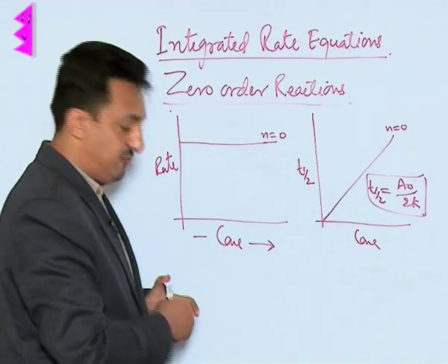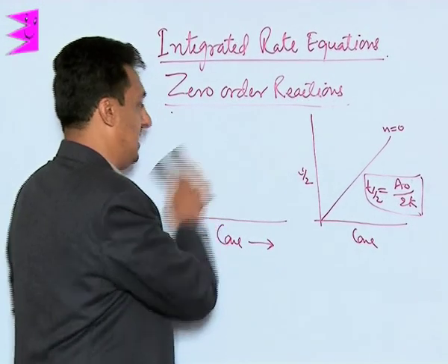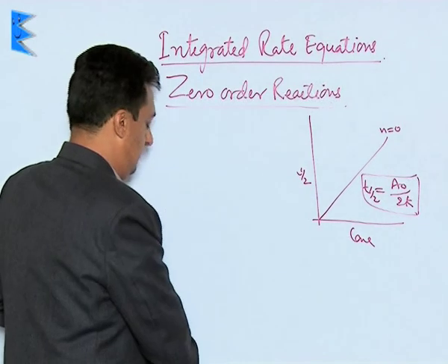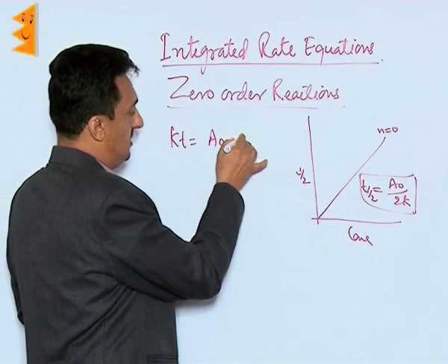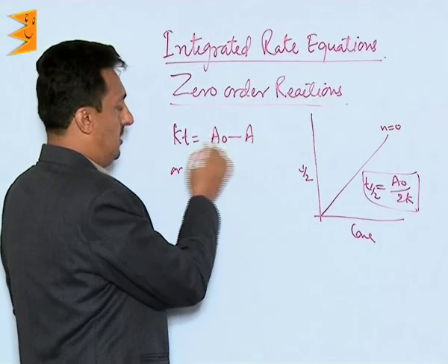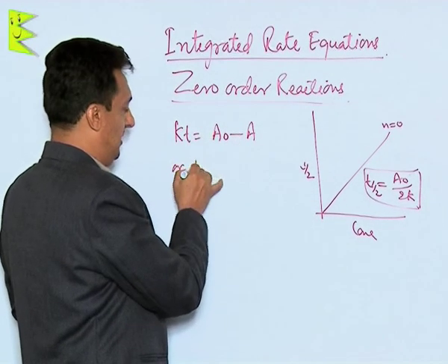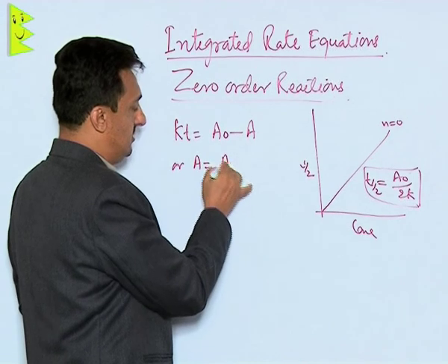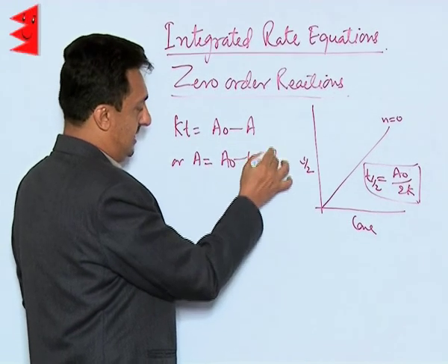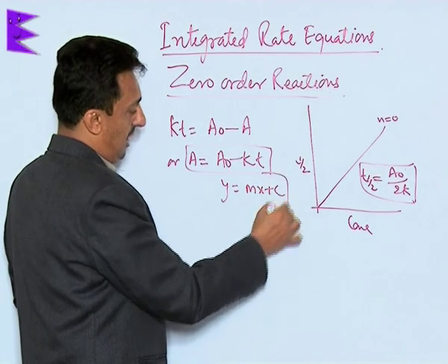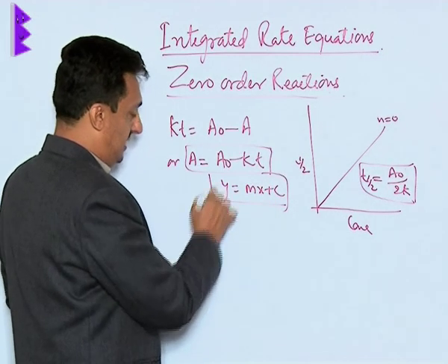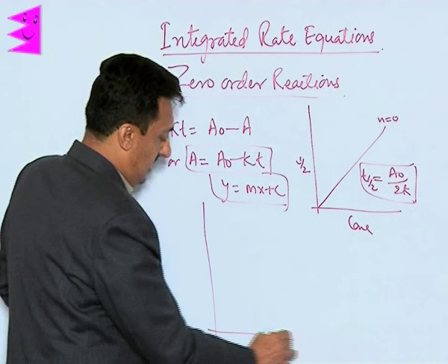Another important graph we can make out, which is actually for the zero order equation. We know that equation is Kt is equal to A naught minus A. We can do a slight change, we can bring it here. It becomes A is equal to A naught minus Kt. Now we can compare this equation with y equals mx plus c. We can draw a graph and we can compare.